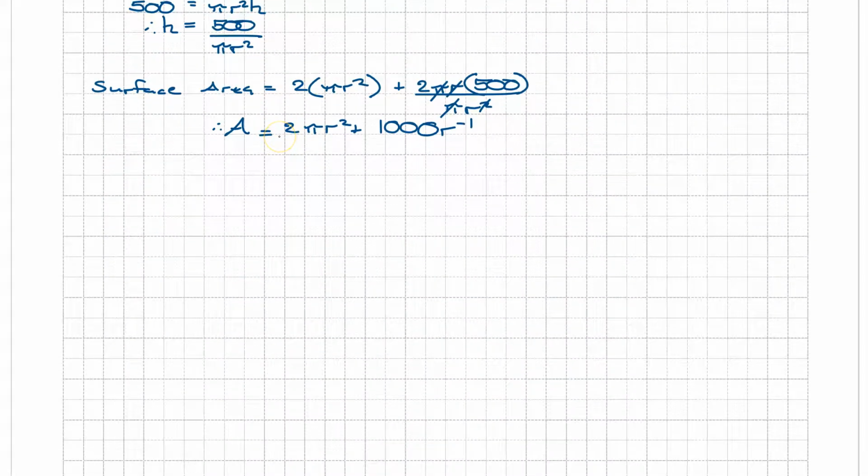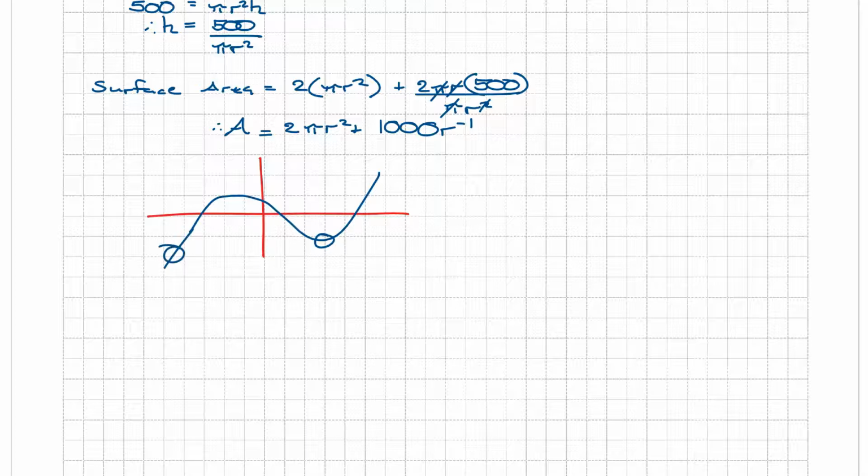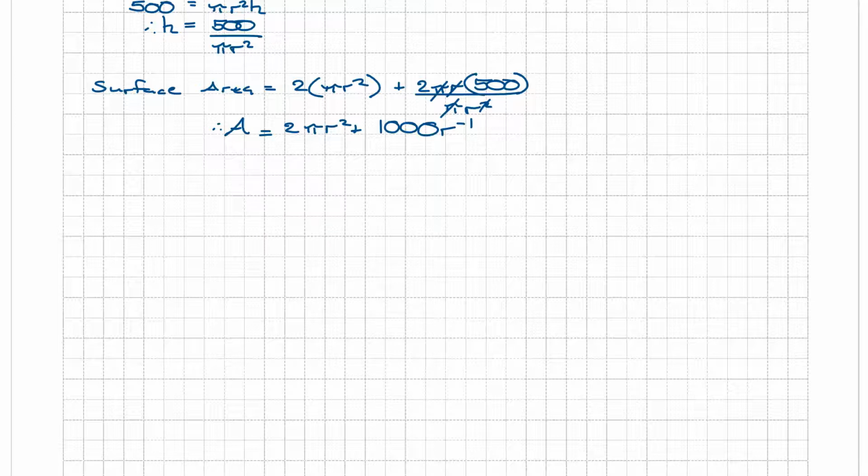So what we need to do is figure out, if we graph this, for example, and we had a graph that looks something like that. It's not going to, but just suppose it did. What we'd be looking for is this location here, or potentially this location over here. So the minimum value that it can assume.